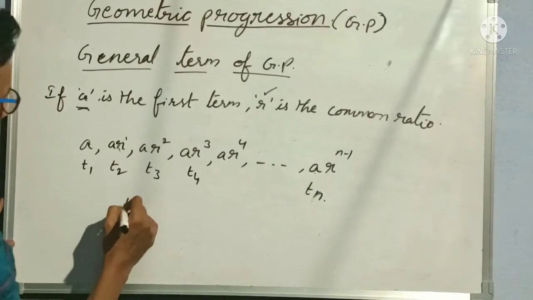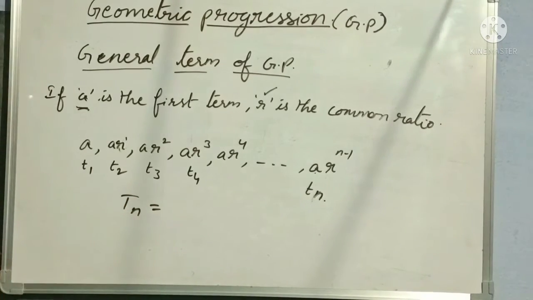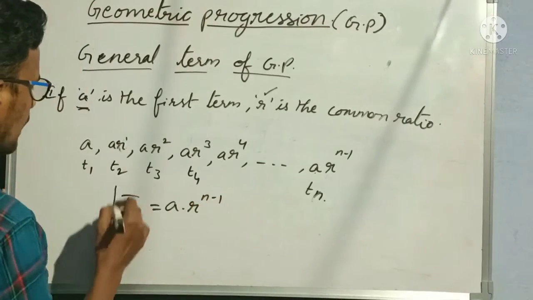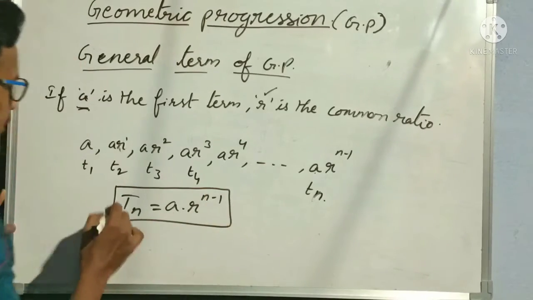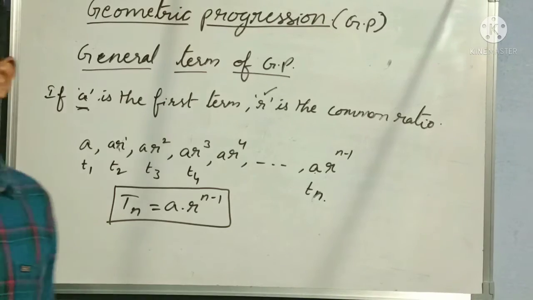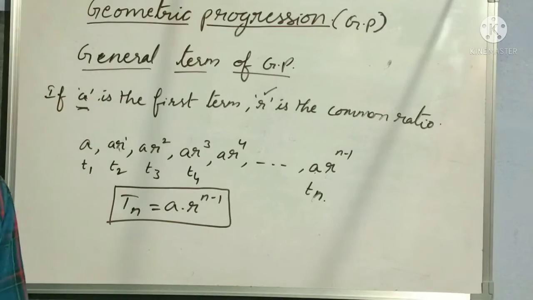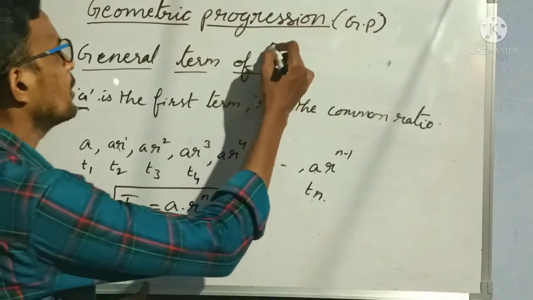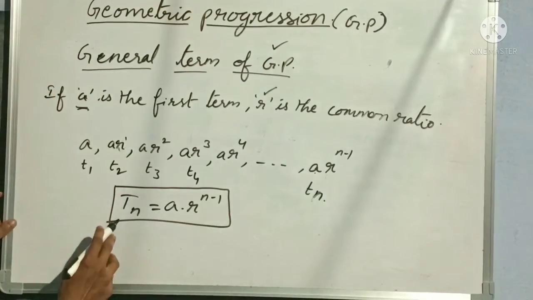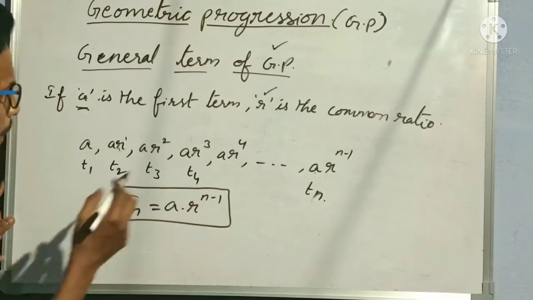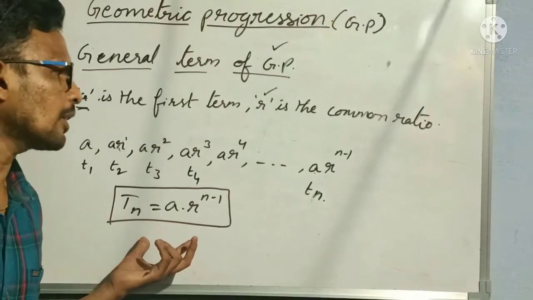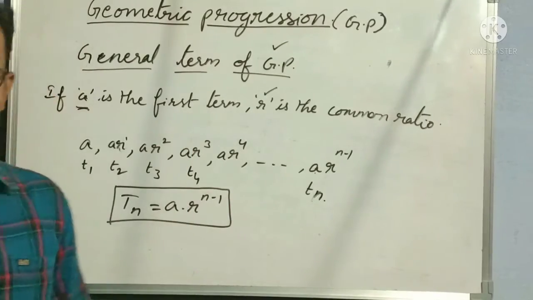So the general term of geometric progression is a into r power n minus 1. This is a very important formula, note it down. Understood now everybody? So the general term of geometric progression, Tn, is equal to a into r power n minus 1.